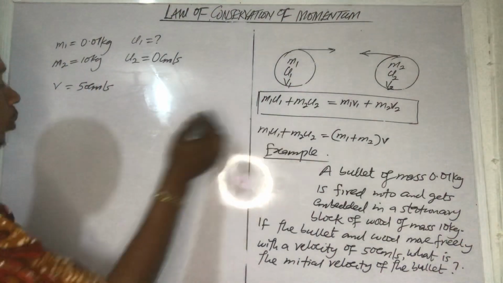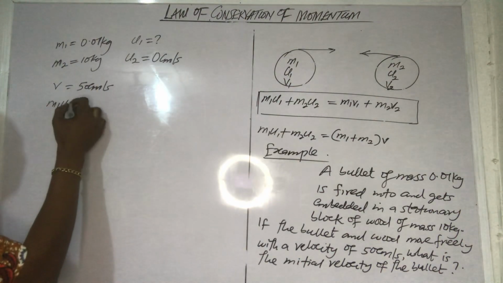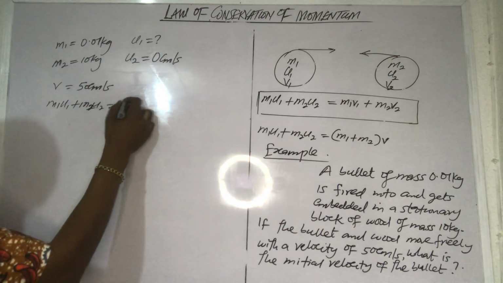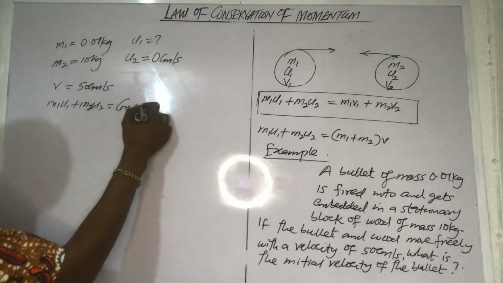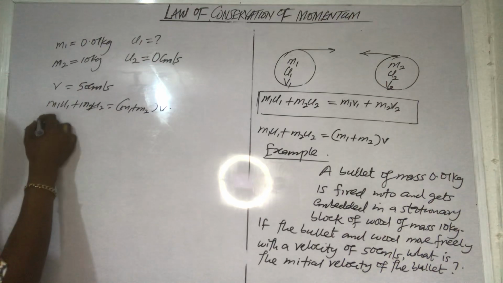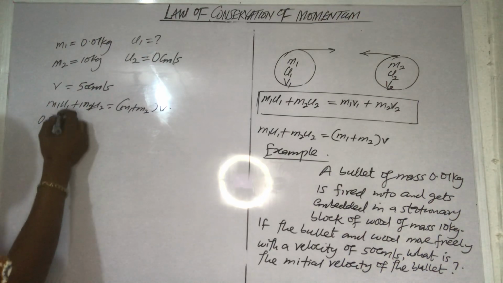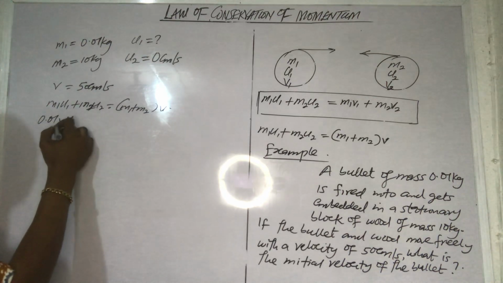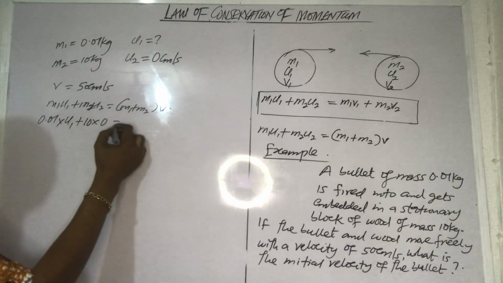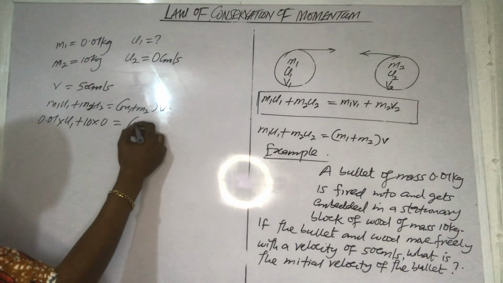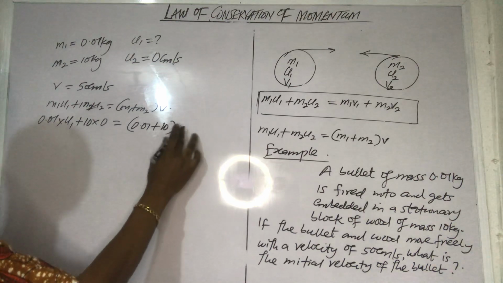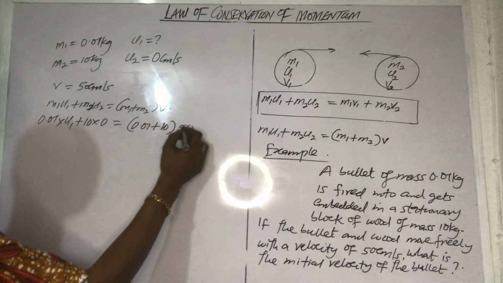Then using this one, you have M1U1 plus M2U2 is equal to (M1 plus M2) into bracket V. M1 is 0.01, U1 is what we are looking for, plus M2 is 10, then U2 is 0. Then into bracket 0.01 plus 10, then the common velocity is 50.